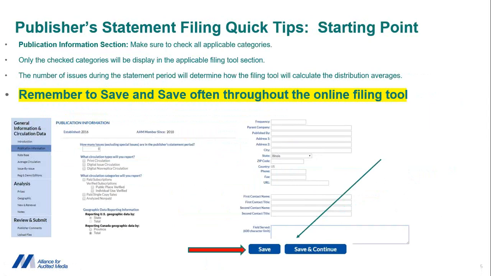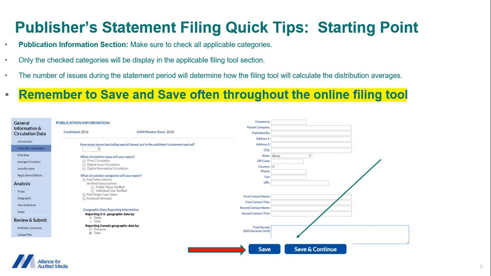Once you get into the filing tool, on the left-hand side there are three main sections: the general information section with circulation data, the analysis, and then our review and submit. The very first thing you'll need to do to get started is go into the publication information section. This is the starting point of the filing tool.